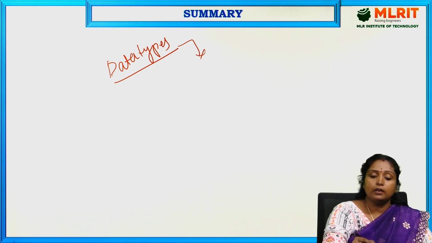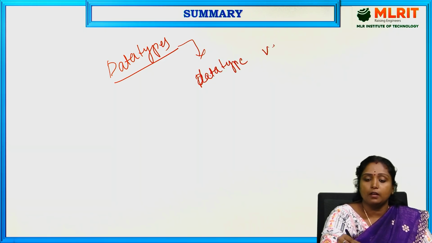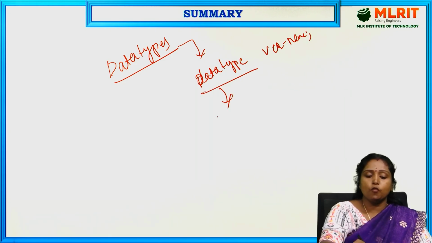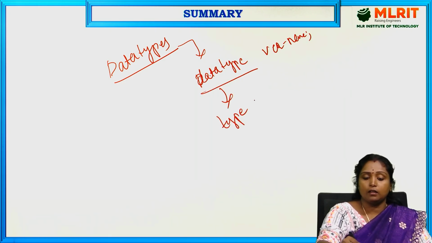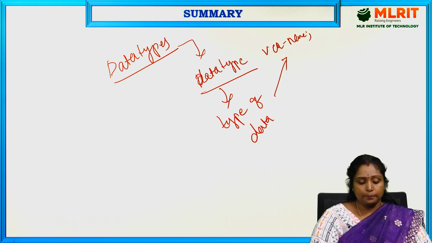So what was the syntax? Data type, variable name. Here data type indicates what type of data you are storing in this particular variable.